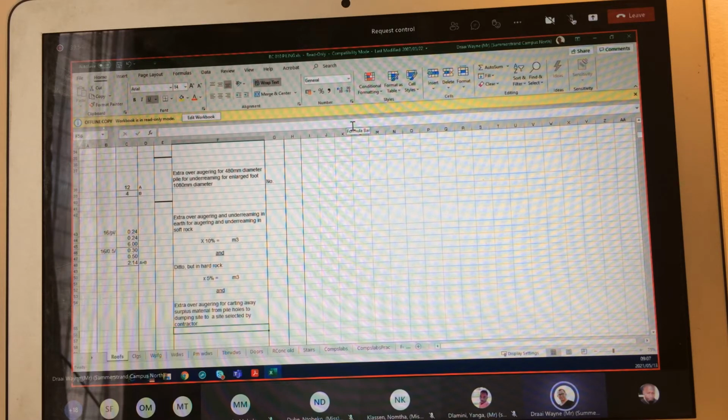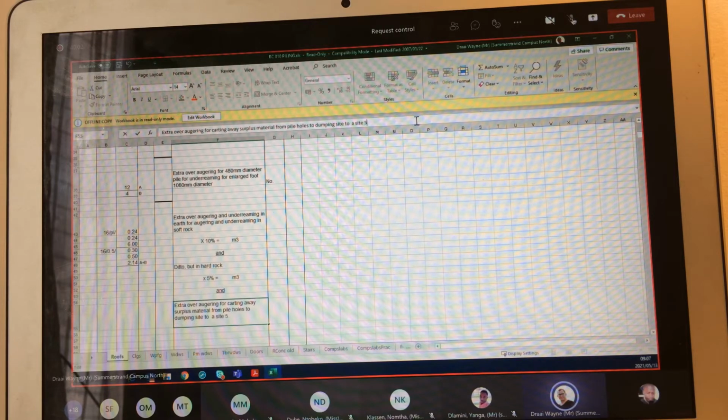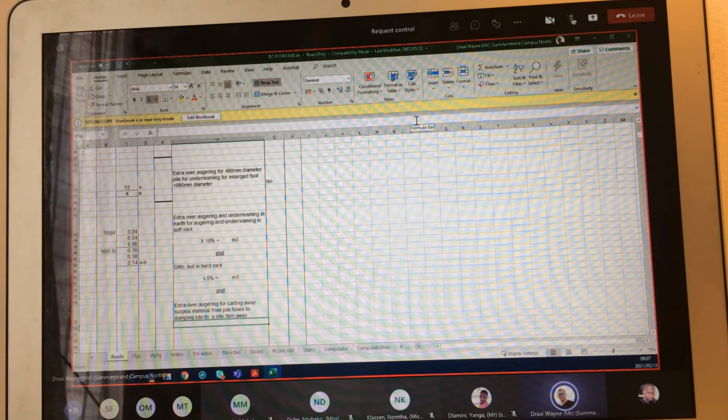It could have also said the following: plus minus 10 to a site 5 kilometers away. You could have said that too. It's important that we allow for the extra over for the removal, because the same volume that we have there now would be carted away, because we will not be using that as backfill.